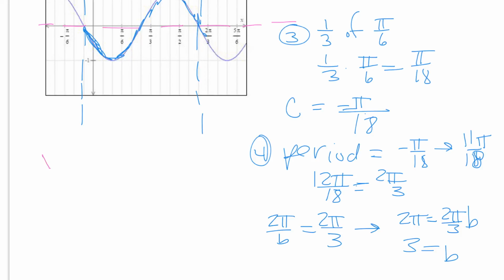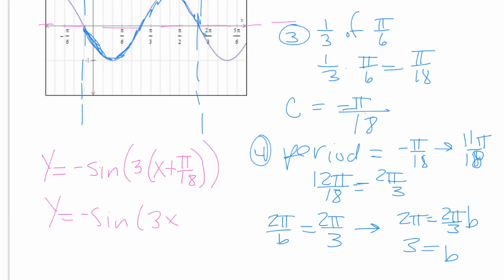So if we plug it in, we get y equals negative sine of 3 times x plus pi over 18. And then if we distribute the 3, we get y is equal to negative sine of 3x plus pi over 6.